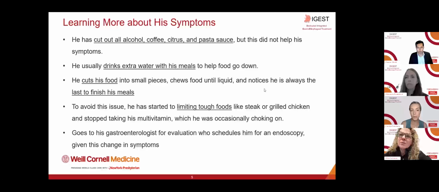Yeah, that's so right. You need to be really delving a little bit deeper sometimes with these patients. Trouble swallowing isn't always this big dramatic choking type event. It can be a lot of these more subtle signs like we're seeing here with this patient.